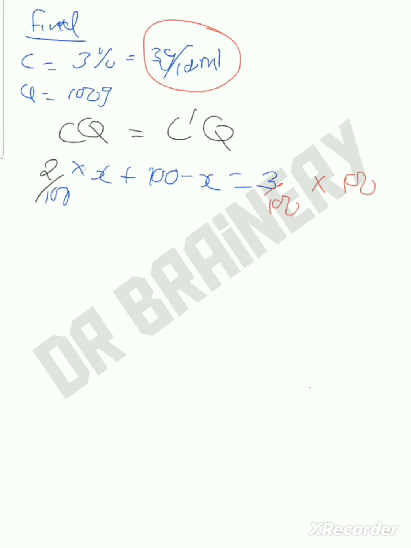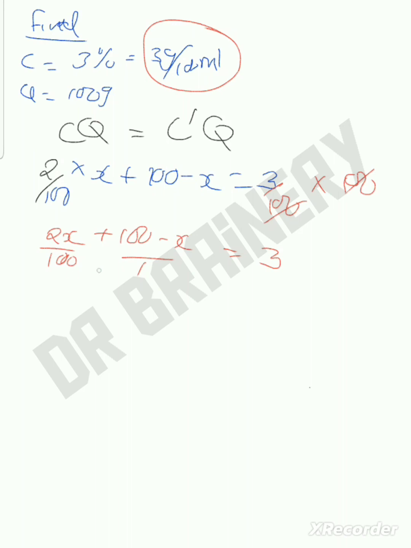I can say 2 times X is 2X over 100, then plus the 100 minus X, equal to, and this one and that one will go, to be just 3 over 1.